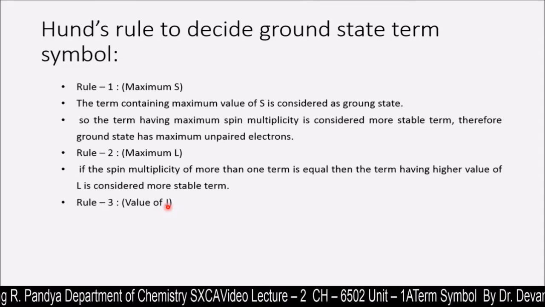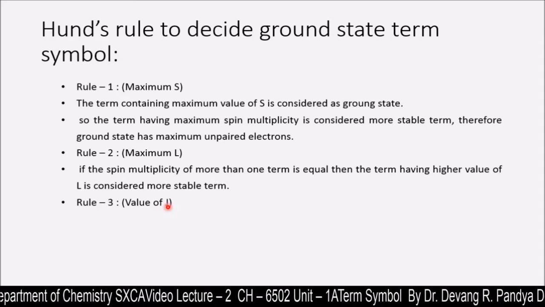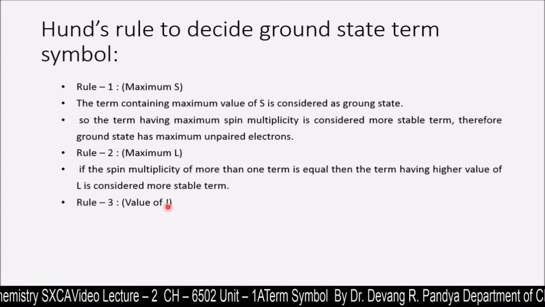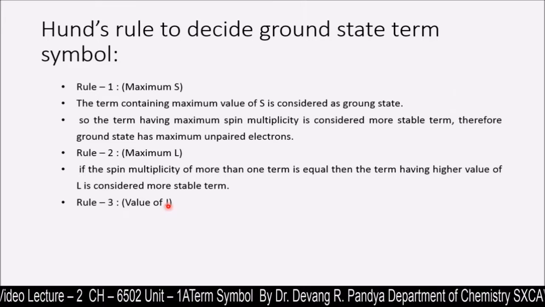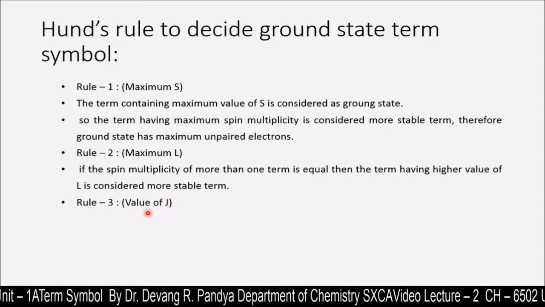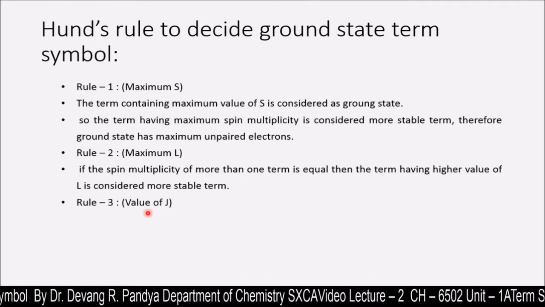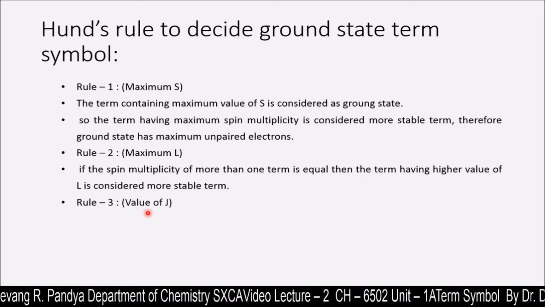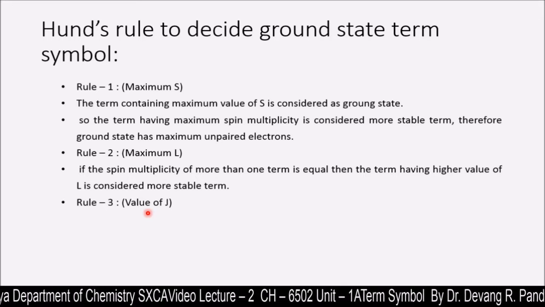I repeat, J is the resultant spin-orbital angular momentum quantum number. That value can help us arrange those microstates where the spin multiplicity is similar and, at the same time, the terms are similar as well.